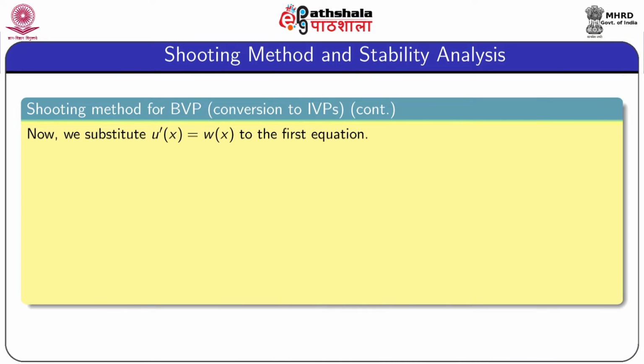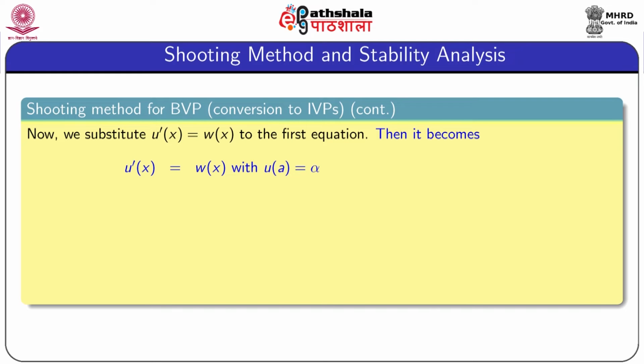Now, to solve equations 2 and 3, we substitute u'(x) equal to w(x), where prime represents the derivative with respect to x, in the first second order initial value problem.